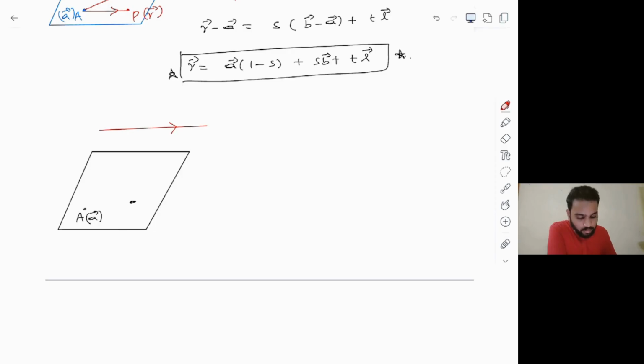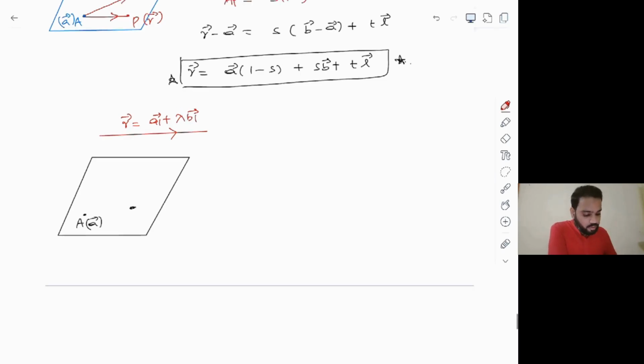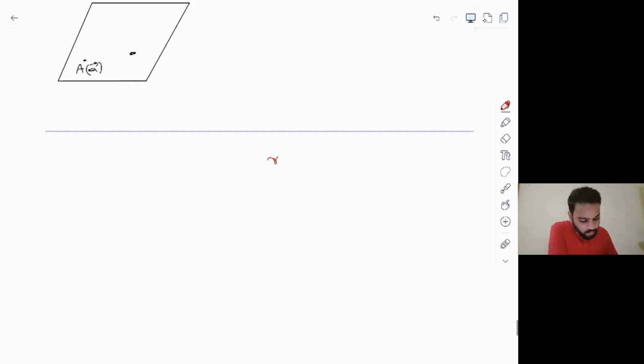Let's do one thing. I'll try to write down the line equation in vector form. We know very well, right? If I write this as R bar is equal to some A1 bar plus lambda into B1 bar, what is the meaning of this one? Let's try to recall. Whenever we write R bar is equal to A bar plus lambda into B bar, it is a line which is passing through A bar and also parallel to the vector B bar.